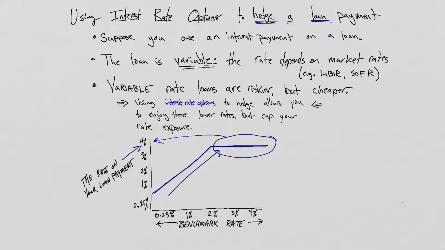So they can allow you to enjoy lower rates, but also cap your rate exposure. And so a borrowing strategy that uses a variable rate loan, but also uses an interest rate option to hedge it, has a sort of realm of possible interest rates that you'll pay in total that looks like this.